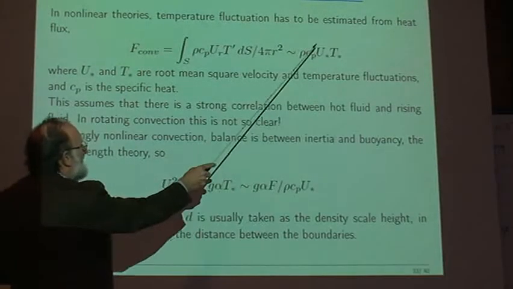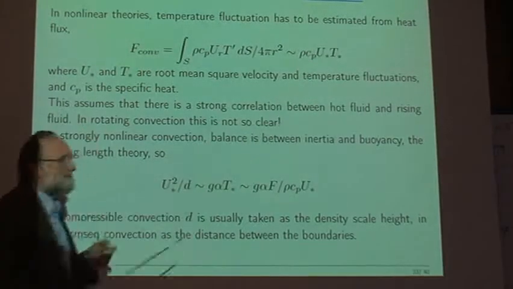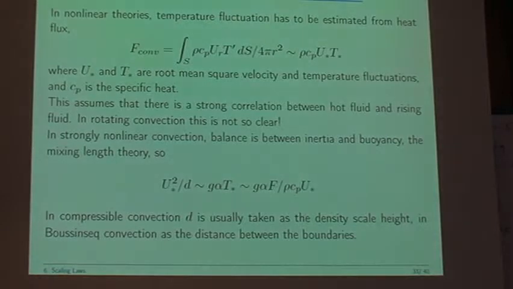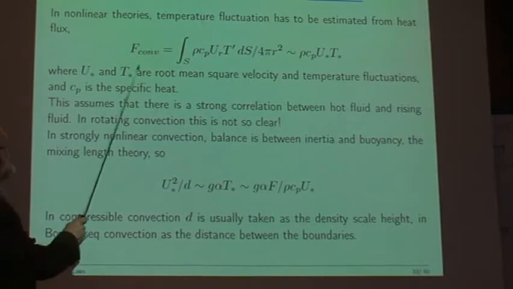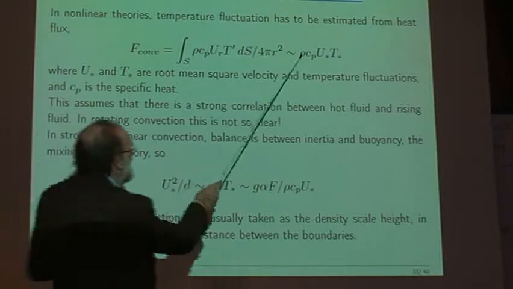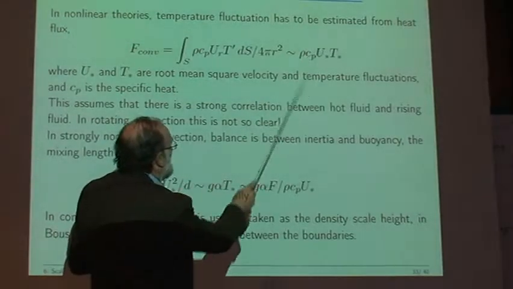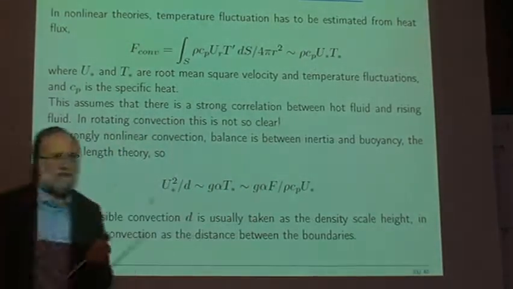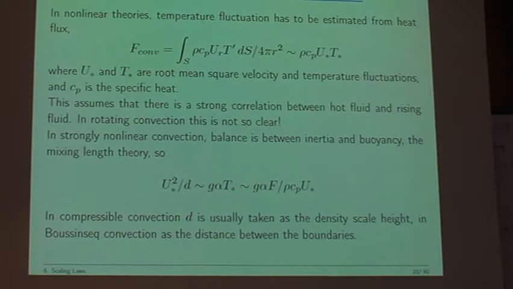And that incidentally gives me straight away an estimate of the typical temperature fluctuation inside the core. You might say, how on earth do we know what the typical temperature fluctuation inside the core is? Well, we know this in terawatts, or actually in watts per square metre, which is the unit for that. We know what that is, we can make a pretty good guess at that. We know that roughly from the westward drift, so from those magnetic observations I talked about.